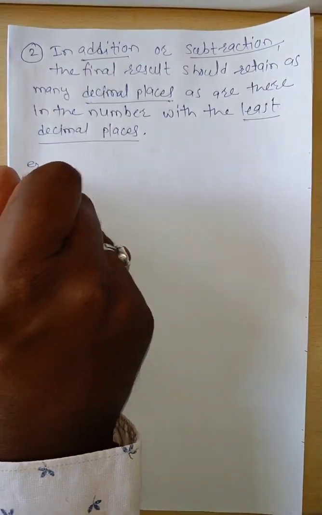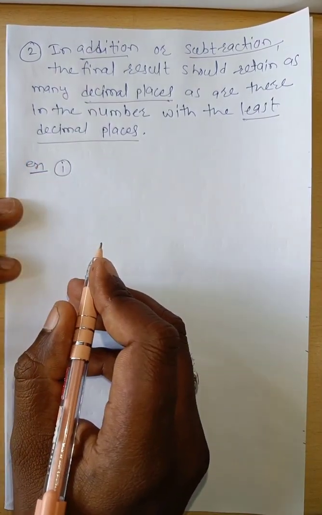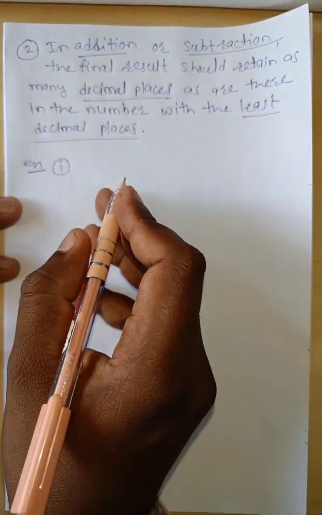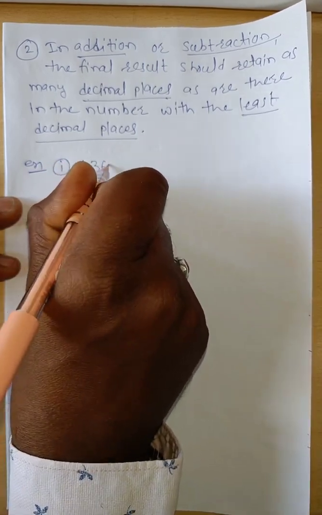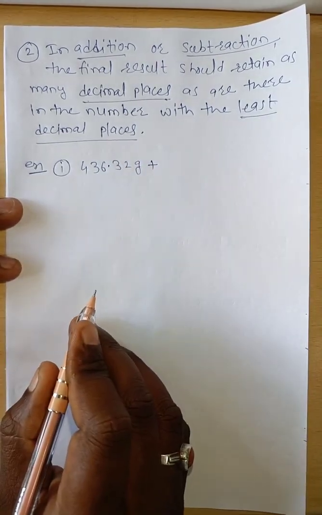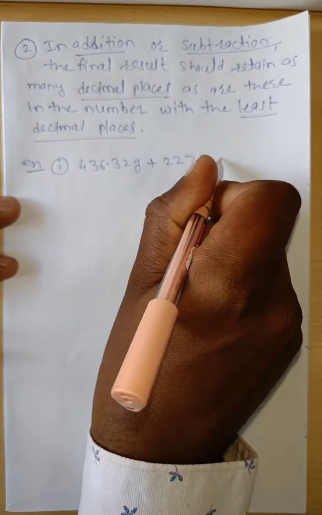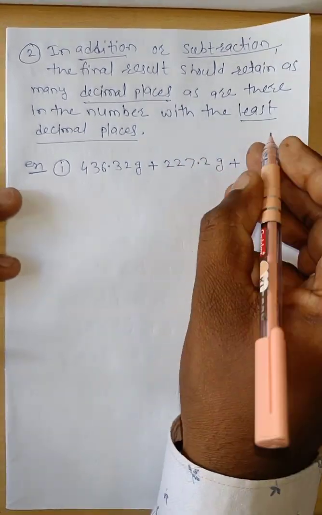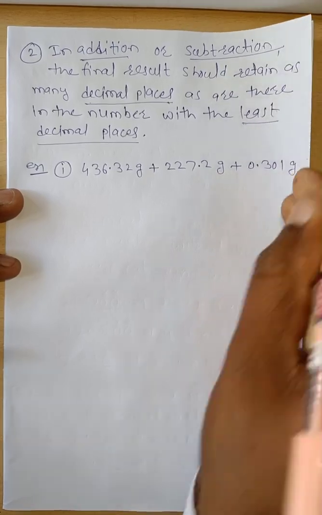Now for example, suppose we have quantities in terms of weight. The first quantity is 436.32 grams, added to another quantity 227.2 grams, and a third quantity 0.301 grams.